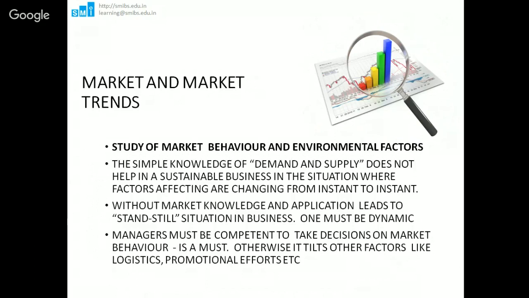That is how business goes on. Management must be competent to take decisions on market behavior. It is a must. Otherwise, it tilts the other factors like logistics, promotional efforts, and so on. Any negligence will cost more.